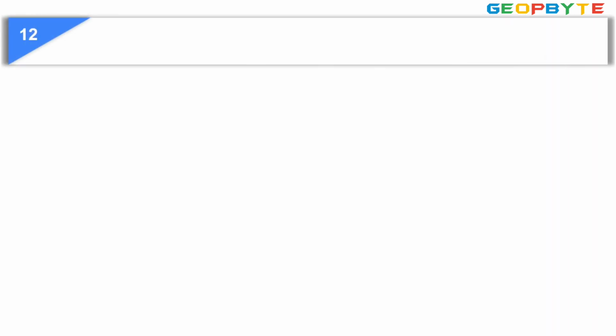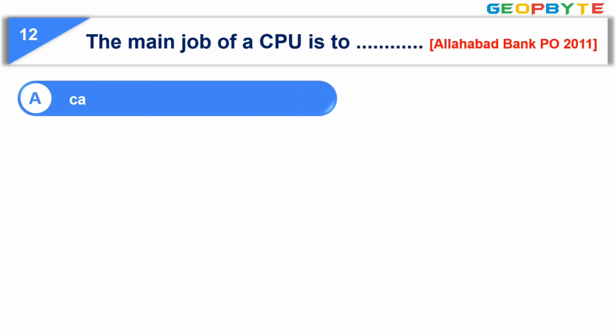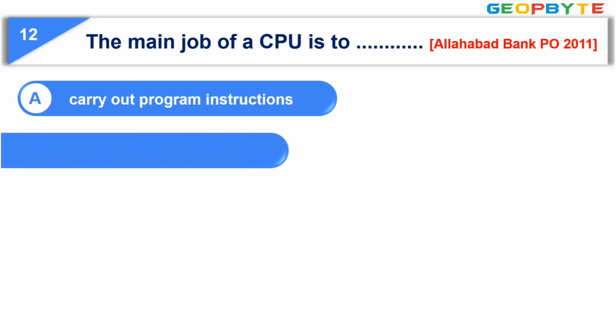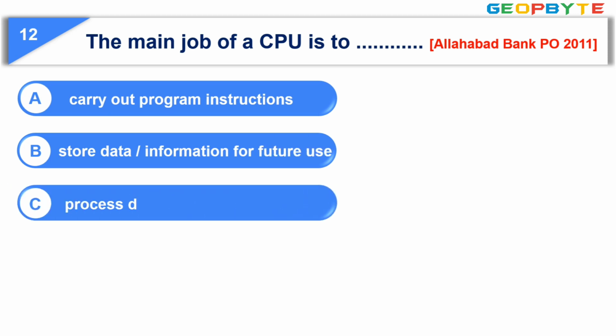Moving to question number 12. The main job of a CPU is to: option A, carry out program instructions. Option B, store data or information for future use. Option C, process data and information.